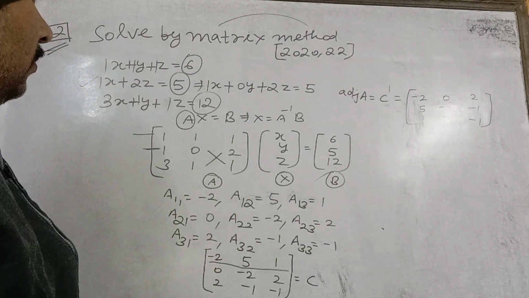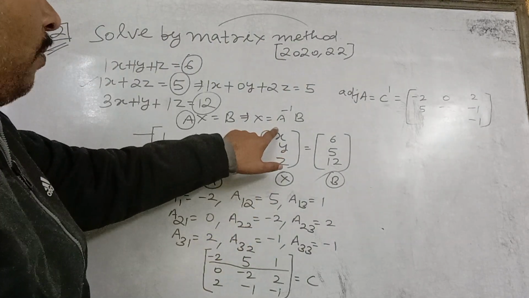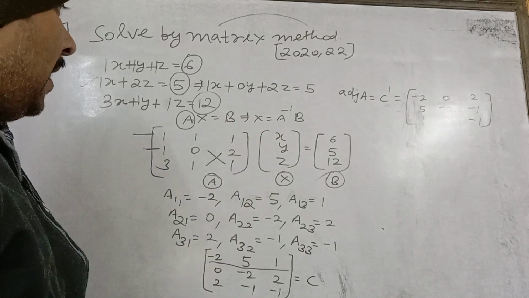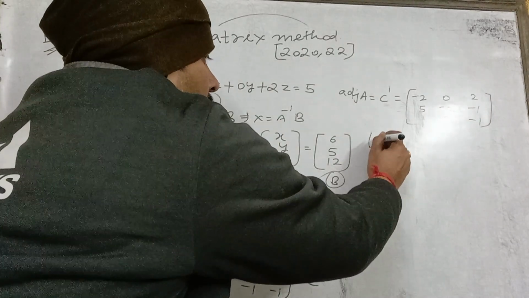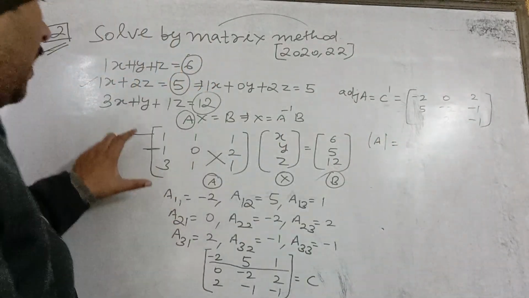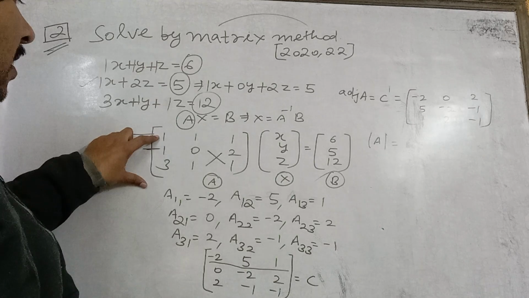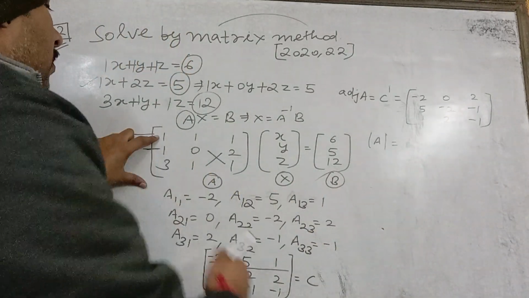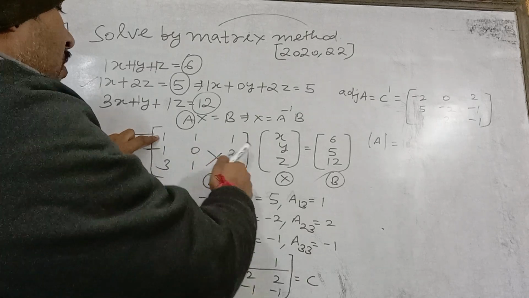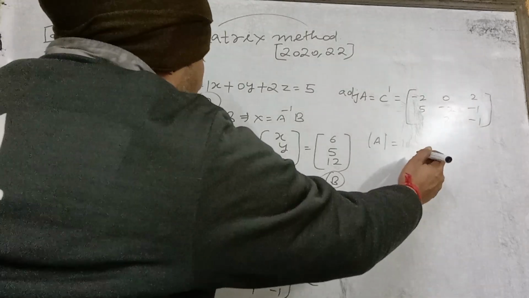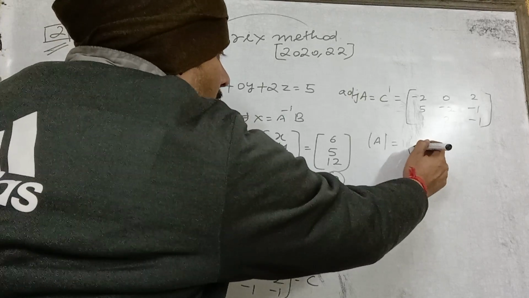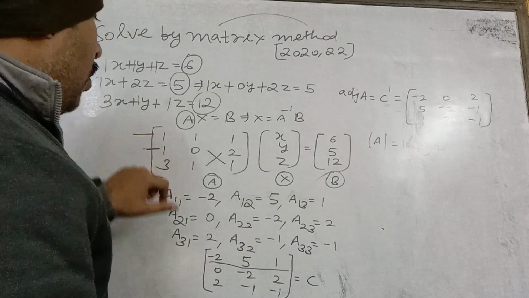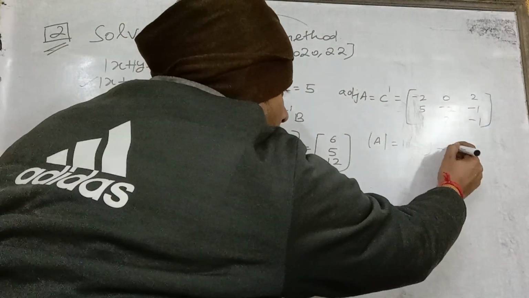Now the value of inverse is adjoint A by determinant A. Now we have to find determinant A. Value of determinant A is from here. Positive first row, first column, that is the 0 minus 2, that is the minus 0 minus 2, plus positive negative, which means minus 1.